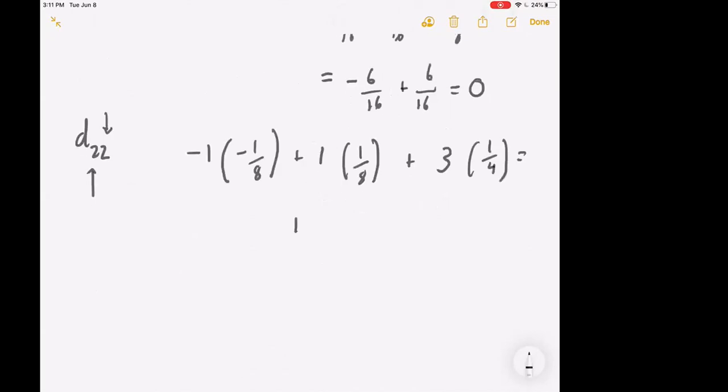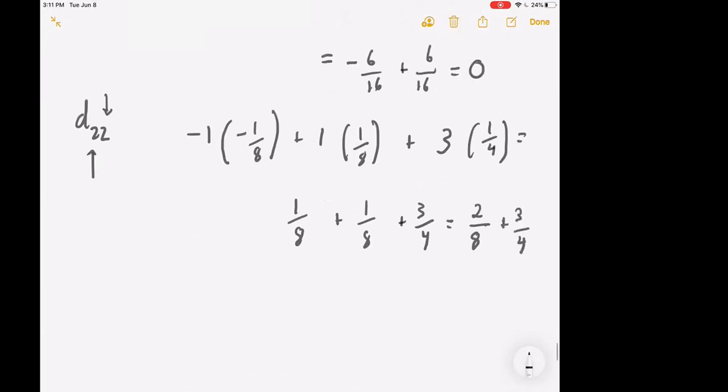What am I going to get? 1 over 8 plus 1 over 8 plus 3/4. That's going to be 2/8 plus 3/4. And that's going to give me 2/8 plus 6 over 8, which is just 1.